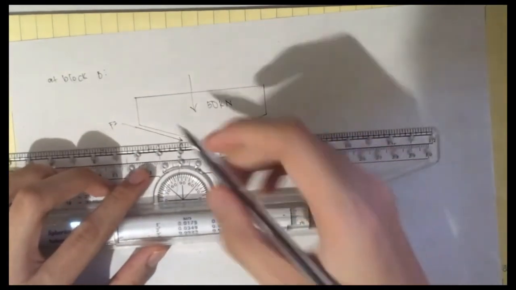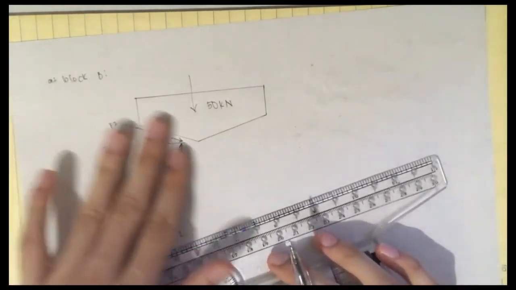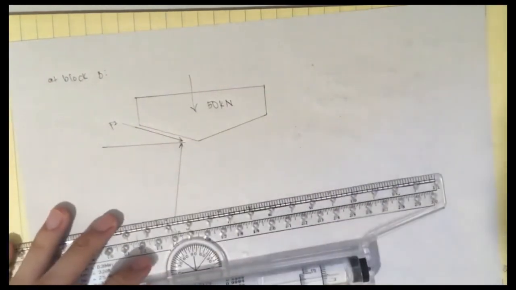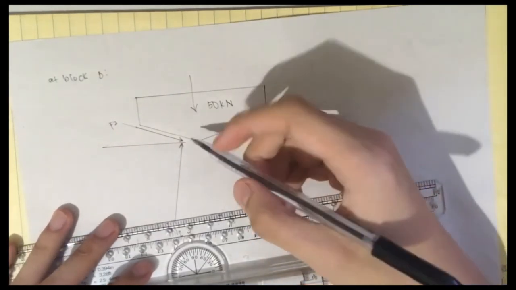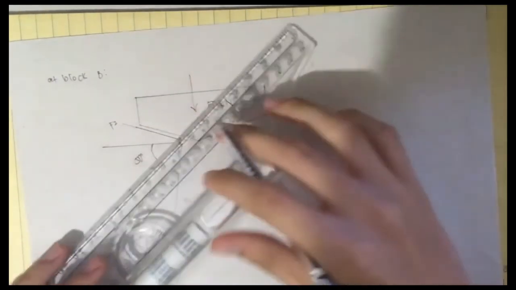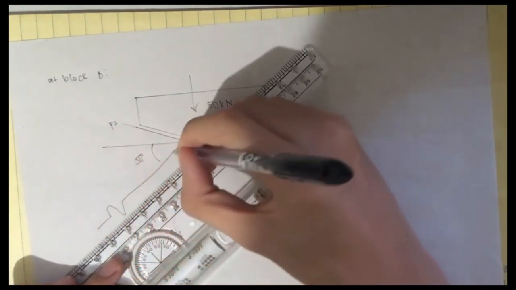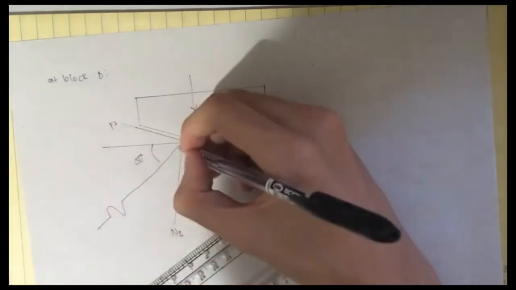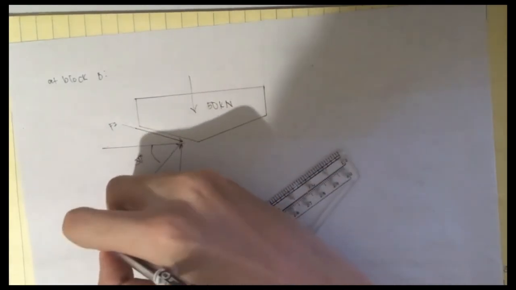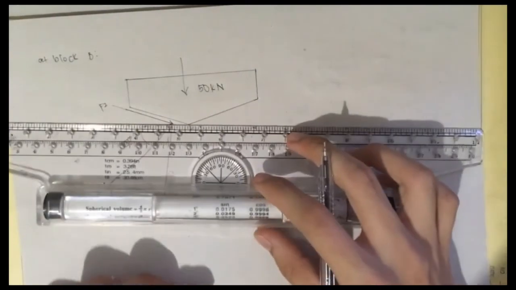And now the force R2. To get R2, it is located at 50 degrees, or the resultant is at 50 degrees. So this will be the resultant, R2. Same on the other side.